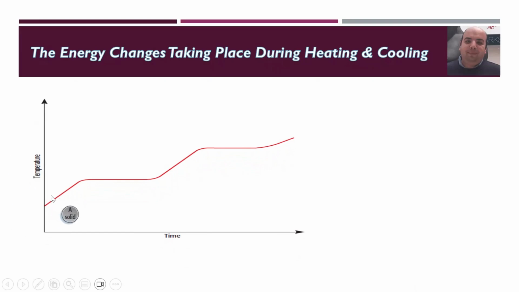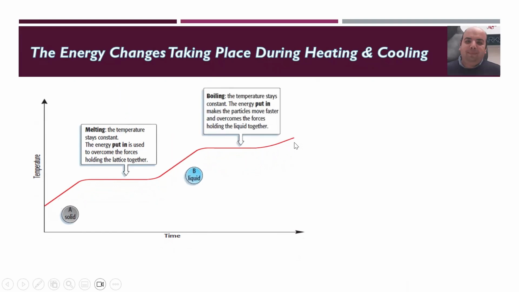Check solid temperature rise, liquid temperature rise, and for gas temperature rise. So we can say that temperature rises with heating in regions where a single state is present. The energy of particles increases and they vibrate or move faster.